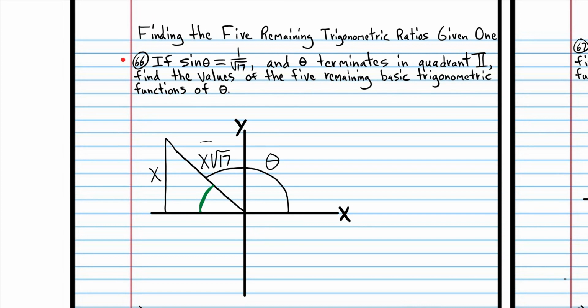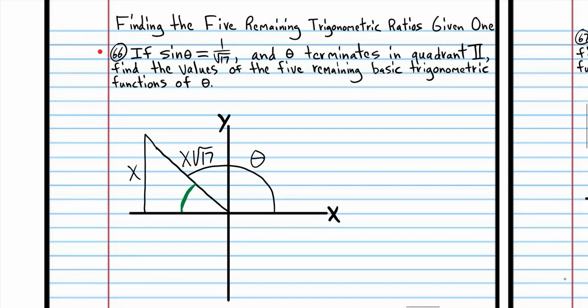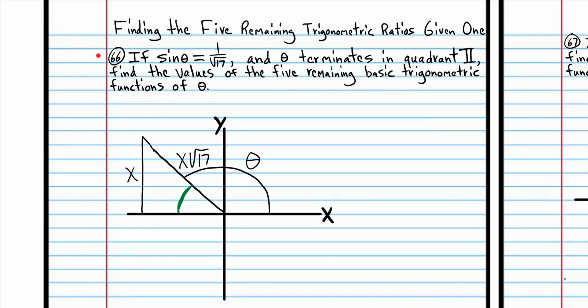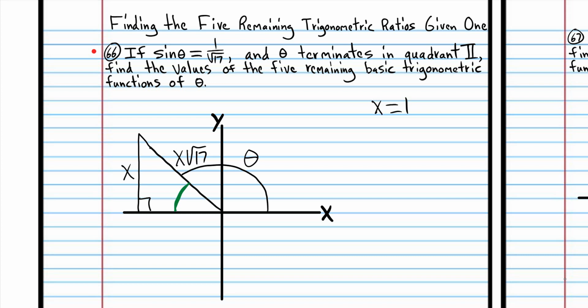But I want to write x to let you know that we don't know exactly what the side lengths are. So let's let x equal 1 because it'll work for any value. Let's draw the triangle over here. If x is equal to 1, then we have 1 and root 17. The reason we're letting x equal 1 is that it makes the math easier for us.